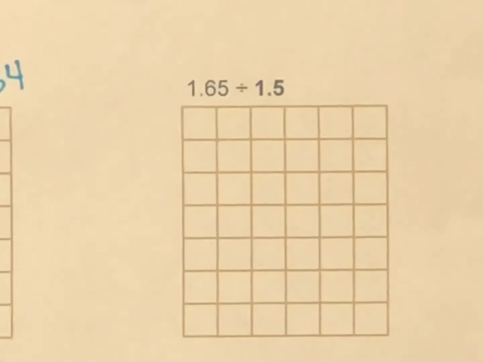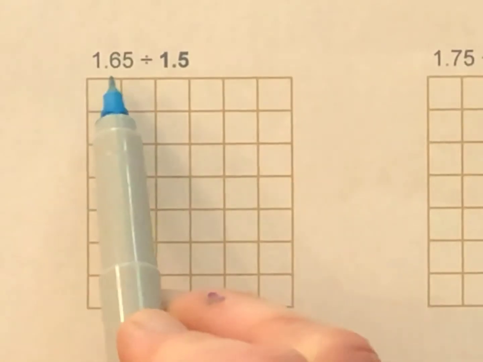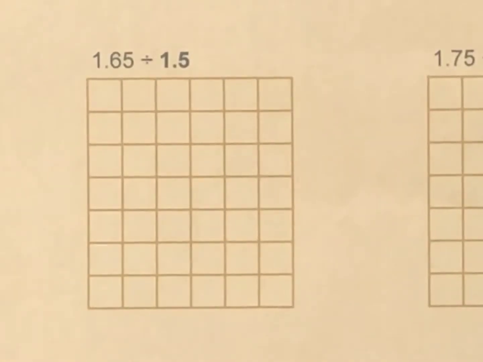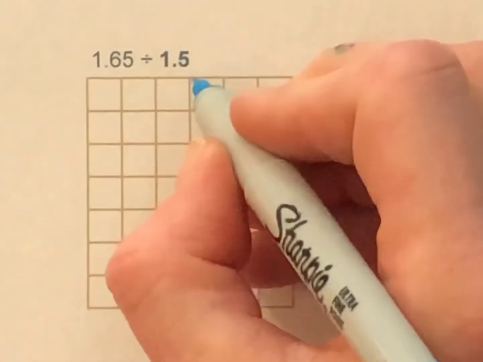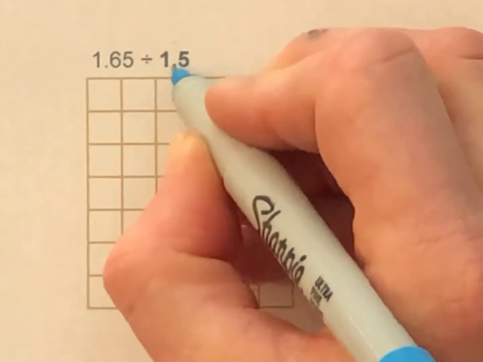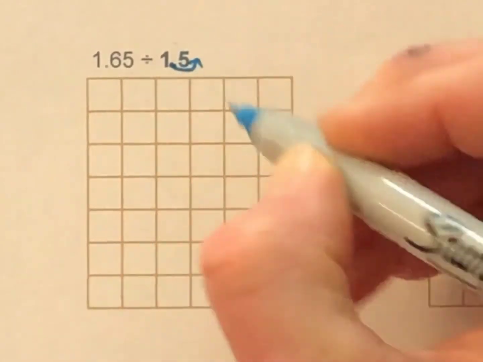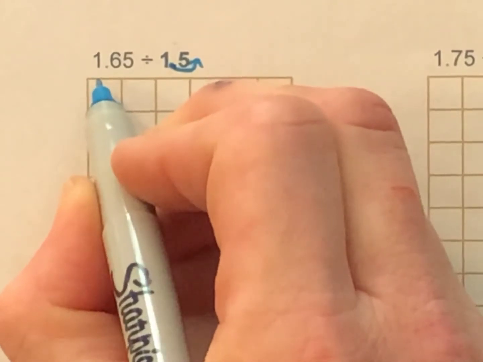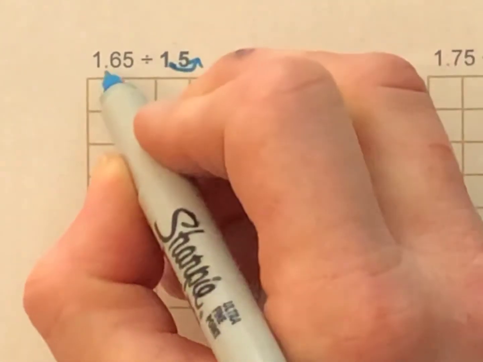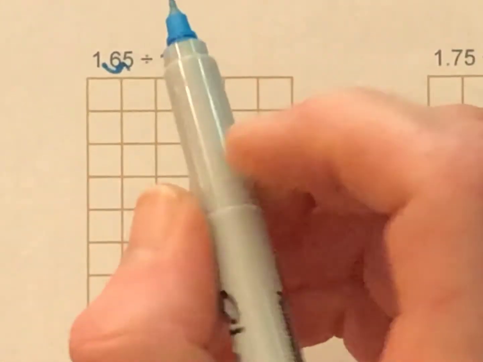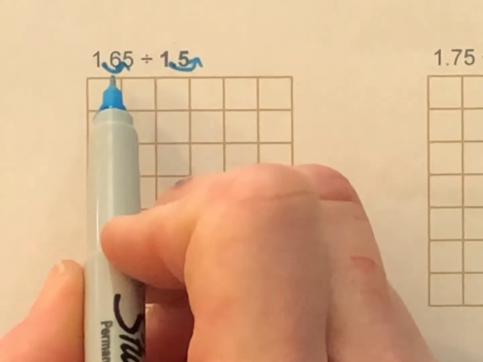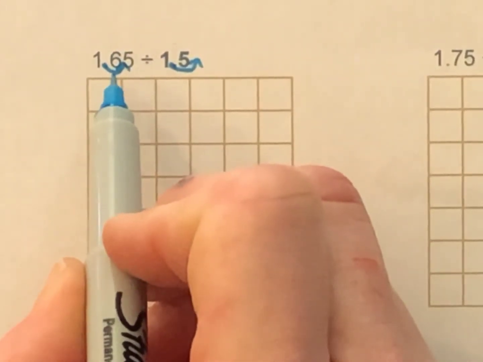Let's look at this one. 1 65/100 divided by 1 5/10. So to make this a whole number, I need to move the decimal place over one time. Now over here, that means I have to move it one time also. But this time, when I move it over one time, it still has a decimal in it.